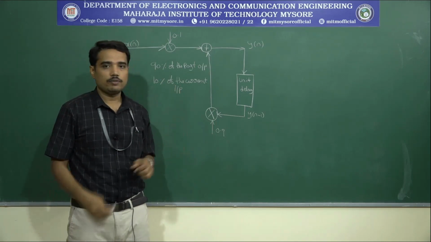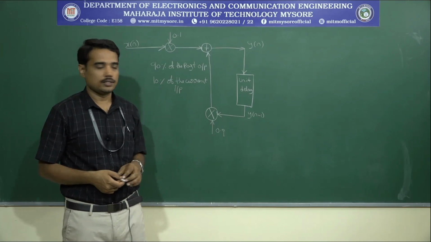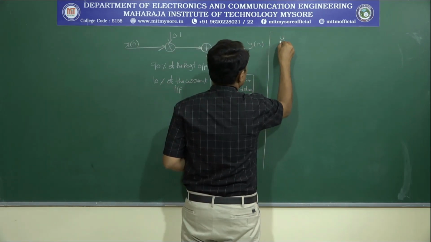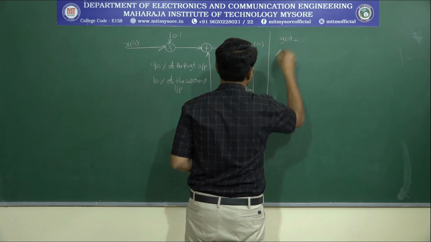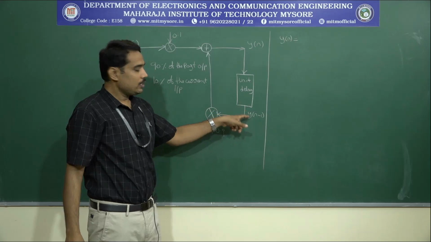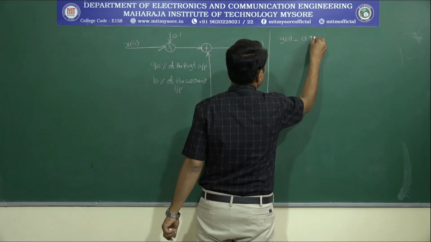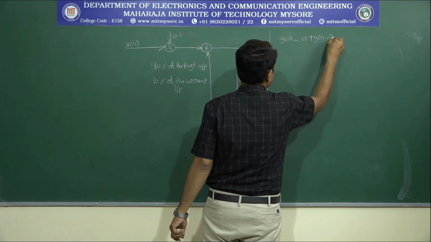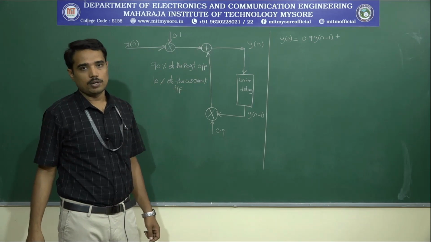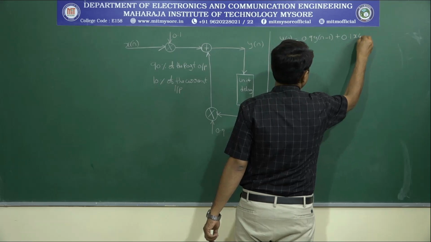With this, let us try to find out the transfer function with the input output condition. Then I can write y of n is equal to 0.9 multiplied with the unit delay function y of n minus 1, plus 10% of the input, that is 0.1 into x of n.